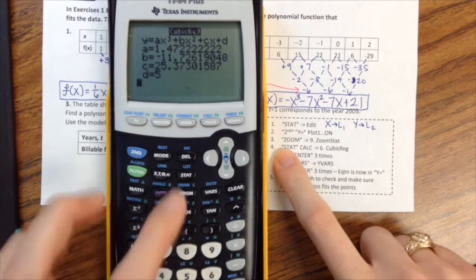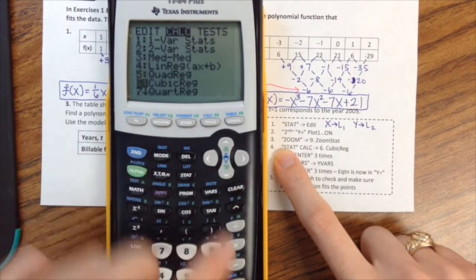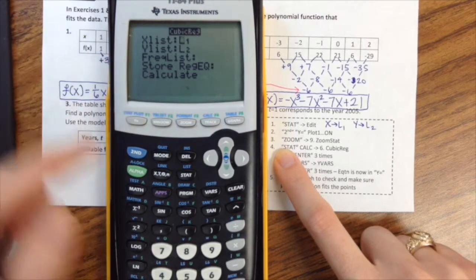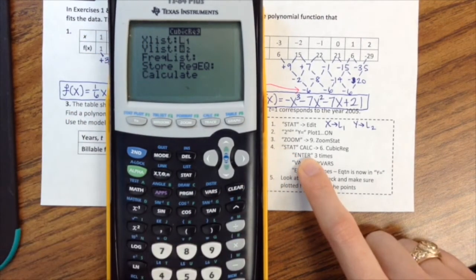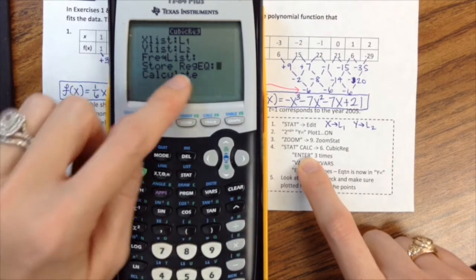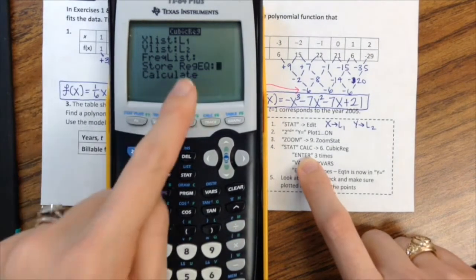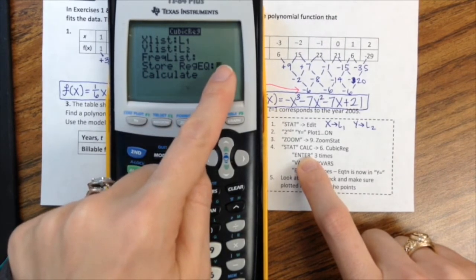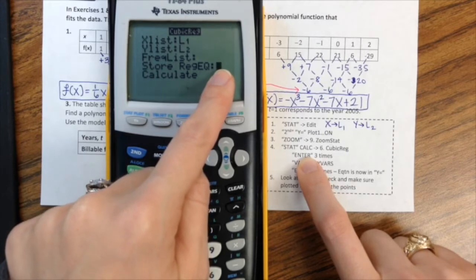So we're going to go back here and press Stat, Calc, 6, and instead of entering all the way through to calculate, you're going to press enter 1, 2, 3 times. That says store the regression equation. We're telling the calculator that we want to store the regression equation in y equals so that when we graph it, we can see it.